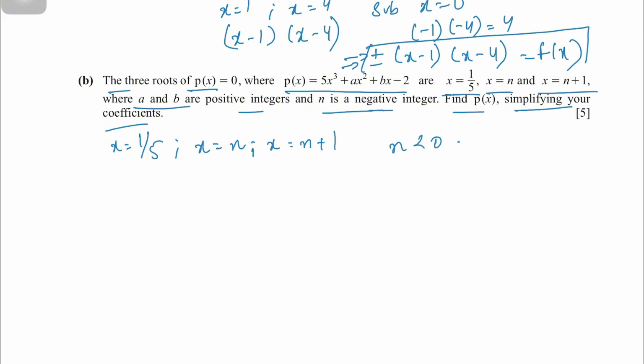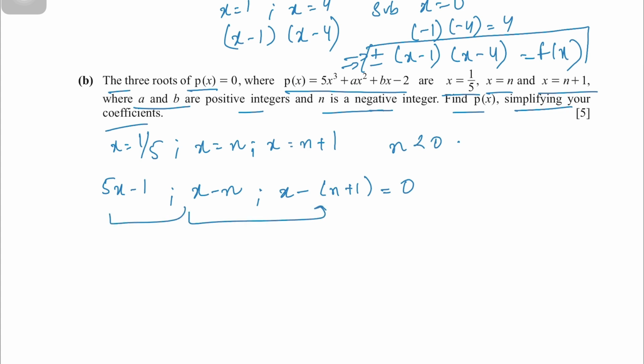So let's just simplify it. This would be 5x minus 1, this would be x minus n, this would be x minus (n plus 1). So we can multiply all of them.